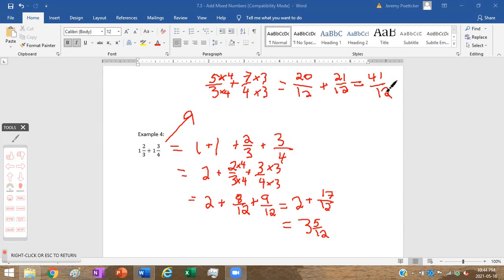Well, let's see here. 12 goes into 36 3 times, and 41's just a bit bigger than that, so that sounds pretty good. 3, and how many are left over then? Well, 41 minus 36, that's 5. 3 and 5/12. Right.